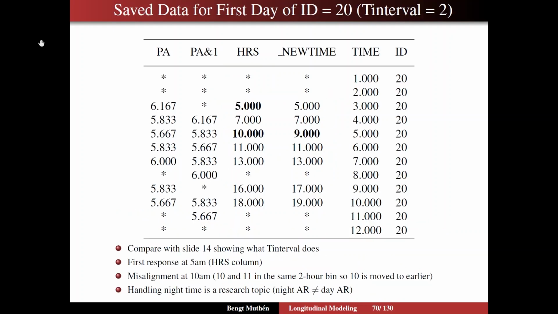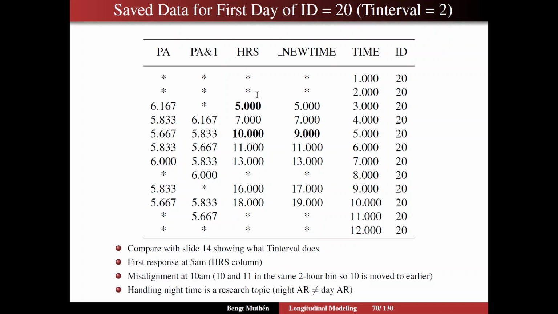On slide 70 then, we take a look at some of the first rows of SAVEDATA for this person, ID equals 20 under time interval 2. And as you look at this, you want to compare with slide 14 showing in detail what t-interval does to the data. So what we have here is the original hours variable.